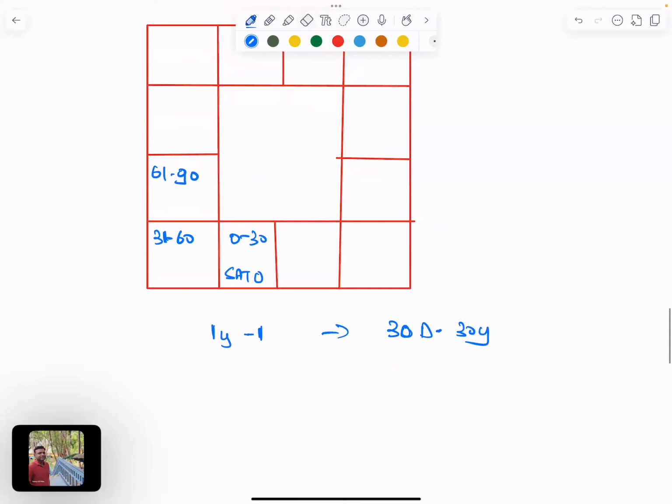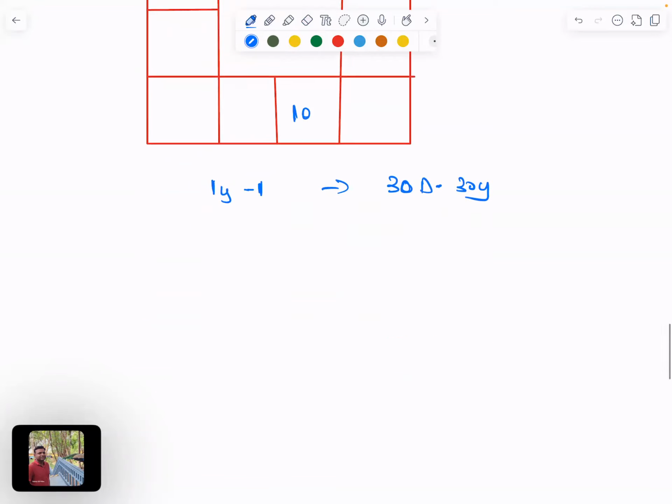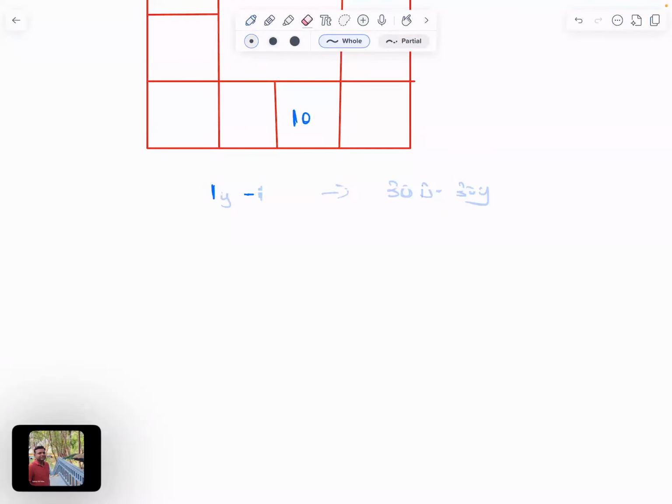Okay, but suppose the same Saturn is at 10 degrees here. Already it is at 10 degrees.